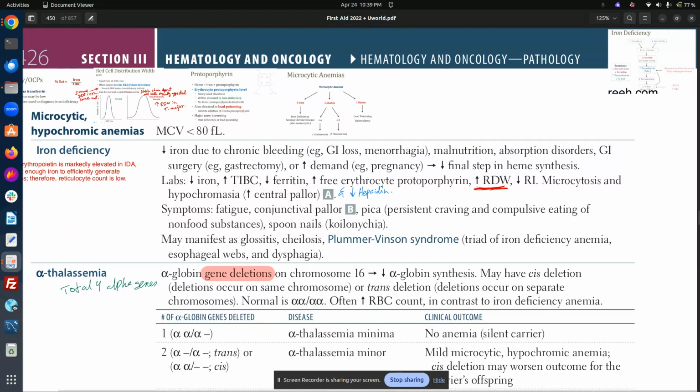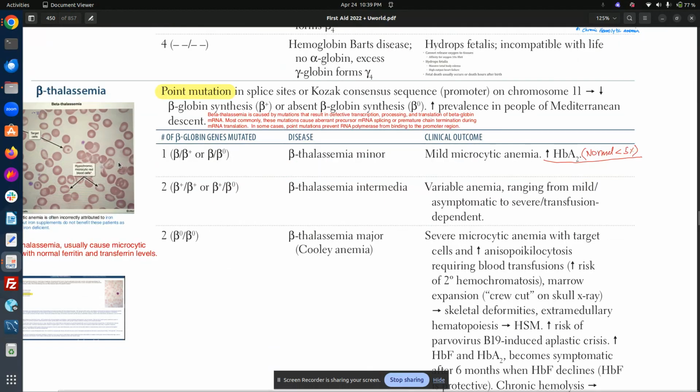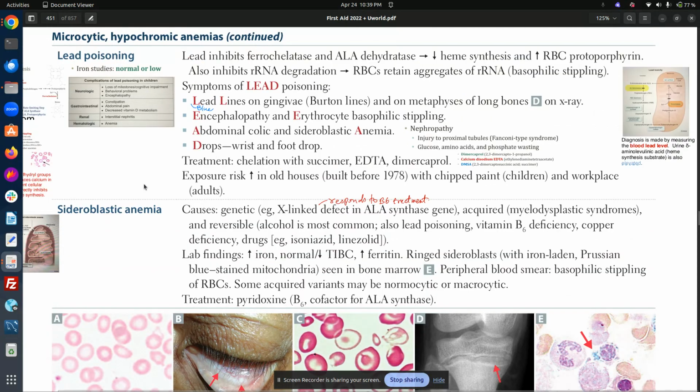This image, image A on the left side, shows the small RBCs with increased central pallor. The pallor is covering three-fourths of the RBC's diameter. So there is increased central pallor in iron deficiency anemia.